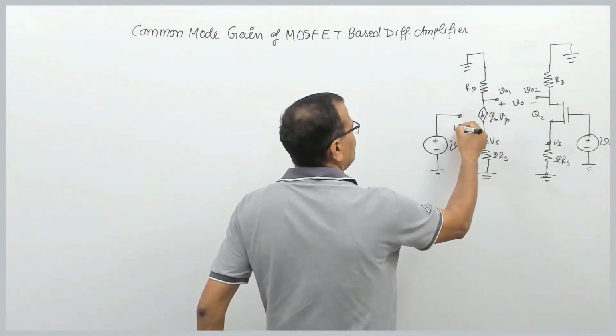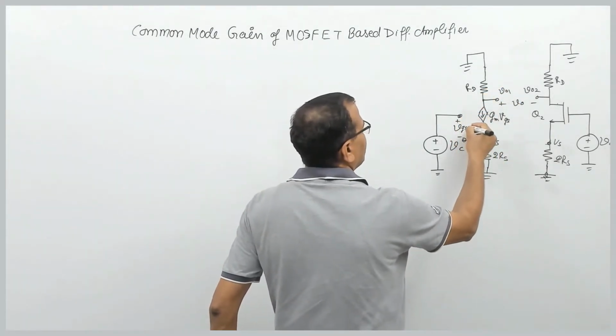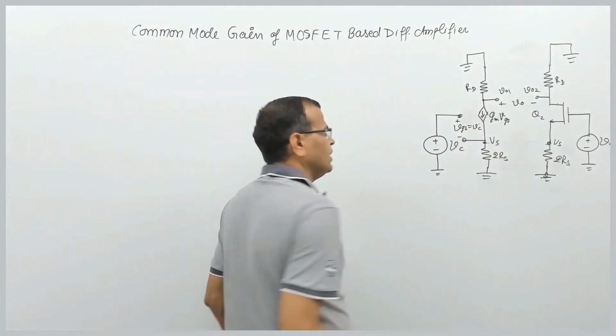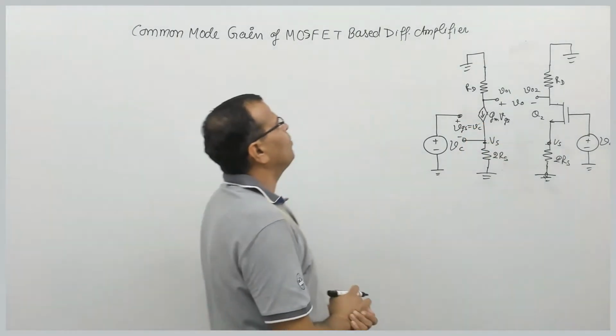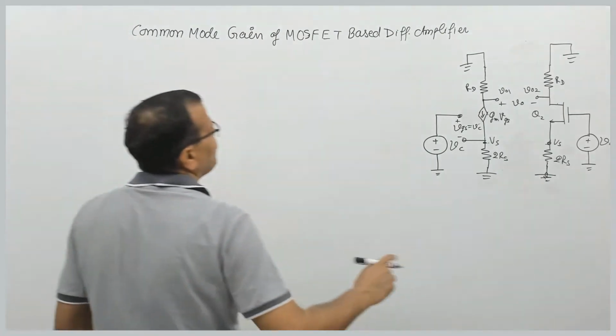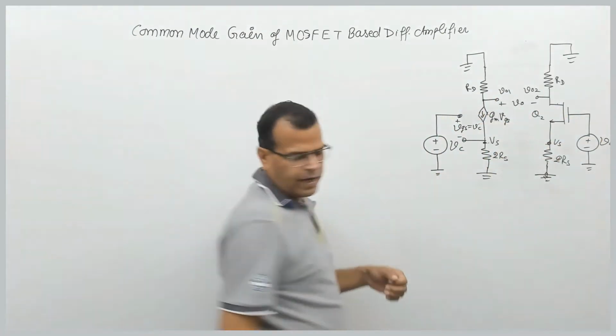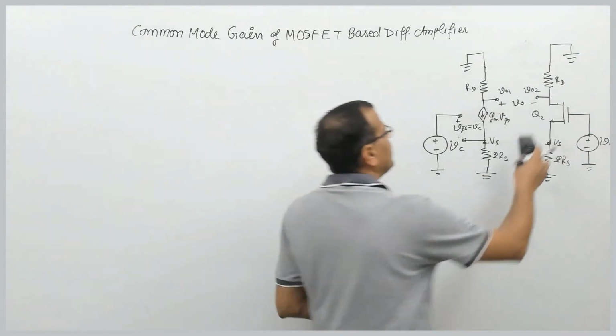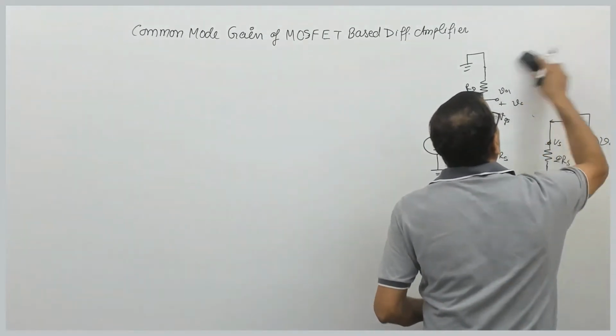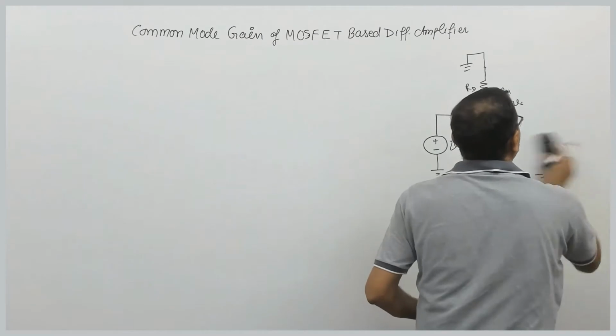So this is VGS and that VGS is equal to VC. Now please see it carefully. This half or every half can be redrawn like this. I will remove this part just for simplification purpose.